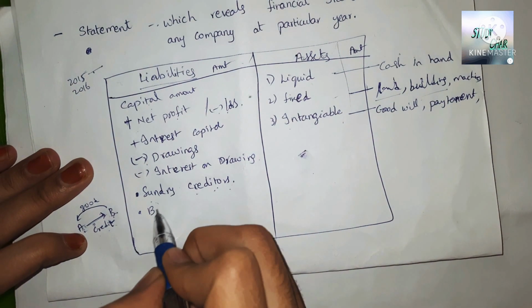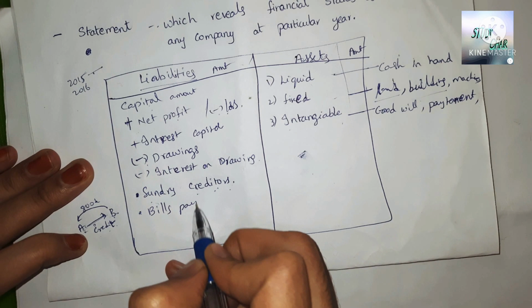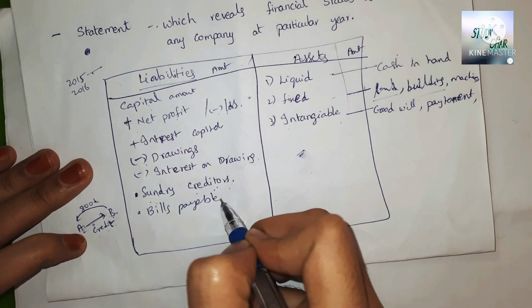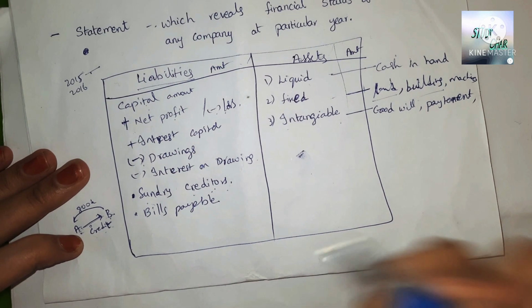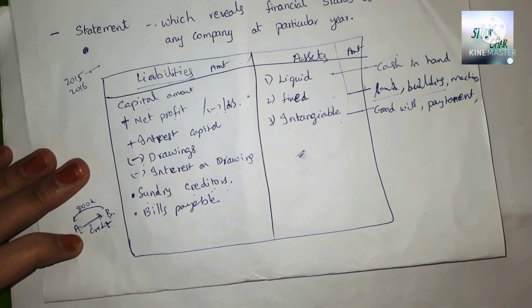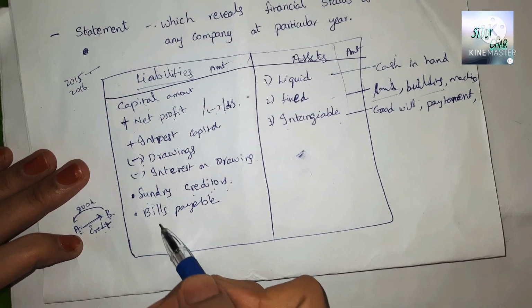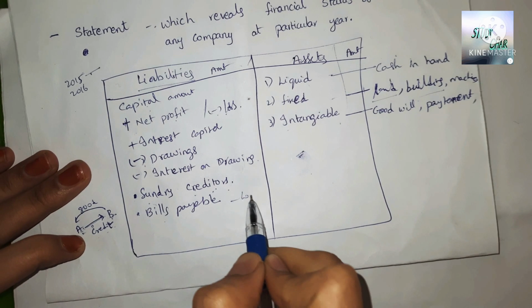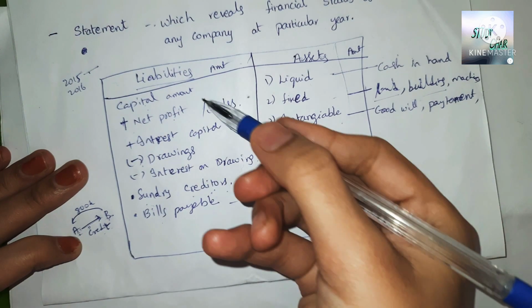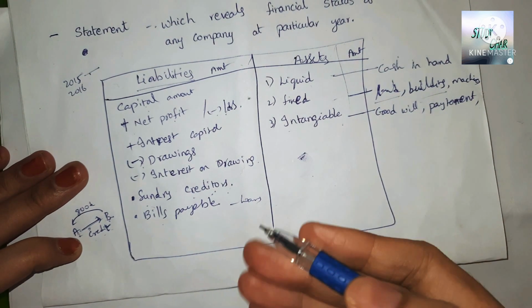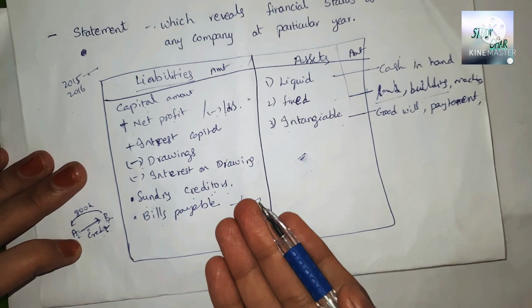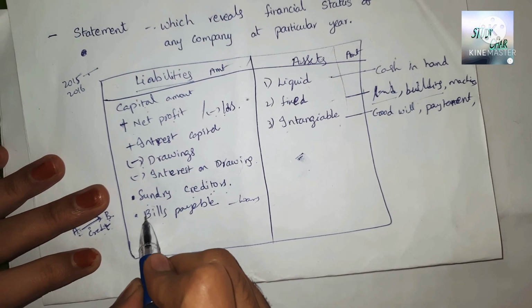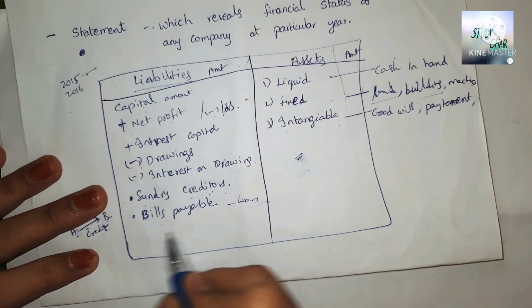And the next one is bills payable. Bills payable means like when I took an amount from others, like loans only. Under liabilities, these are types of loans where on credit basis you take the amount. So bills payable means like loans.